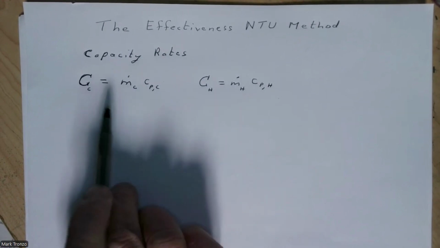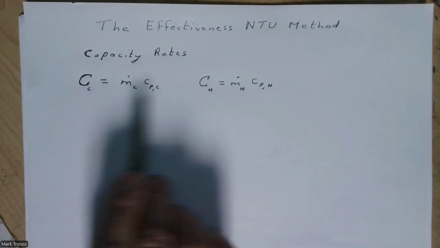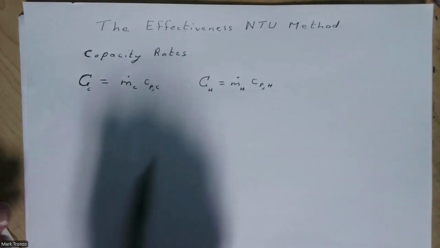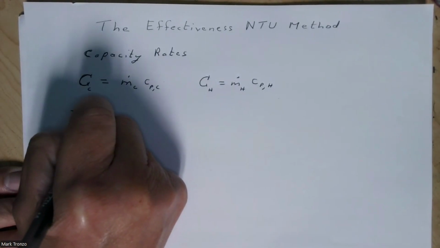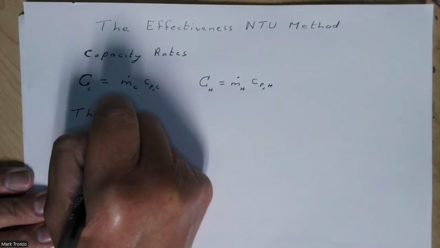And then usually one of these will be bigger. So the largest of these two is called C max, and the smallest is called C min.